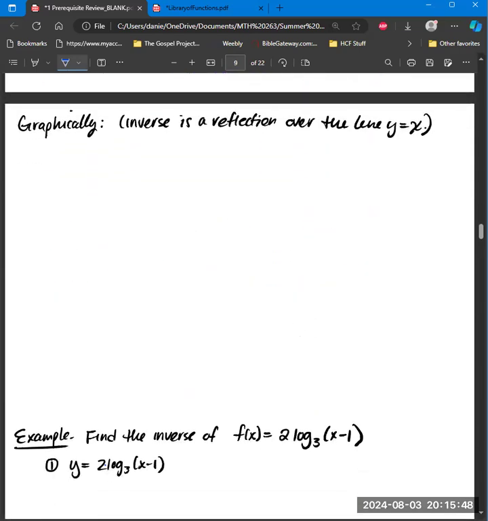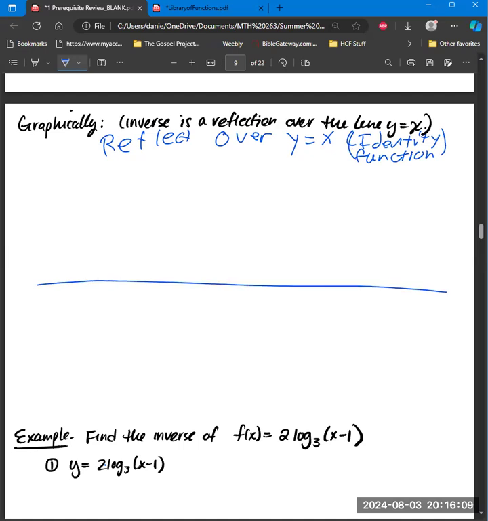Graphically, if we were to look at this, they would reflect over the line y equals x, the identity function. That's why that one's so important in our library of functions.